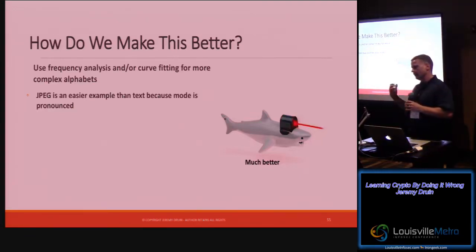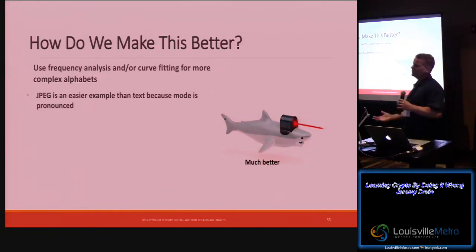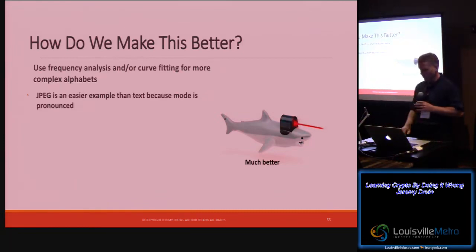It's not multimodal like the English language is. So you can just pick on the byte 0 and depend on that. Larry Bird would have thrown you off a little bit, and you would have had to go to the second mode, which was 0 in the Larry Bird case, the Twitter bird. But otherwise it worked really well, and it turned out to be a really nice example to get started on.